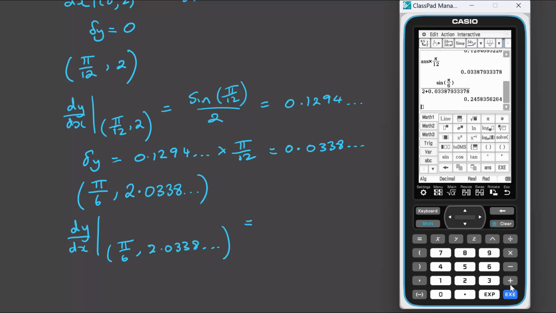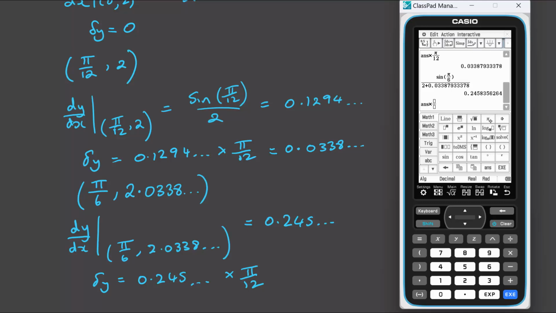So that's 0.245 and so on. And then our delta y is going to be that times pi by 12. So we'll multiply that one by pi divided by 12. And we get 0.0643 and so on.